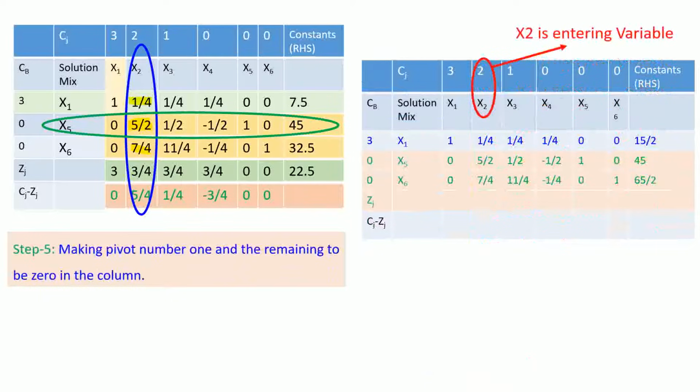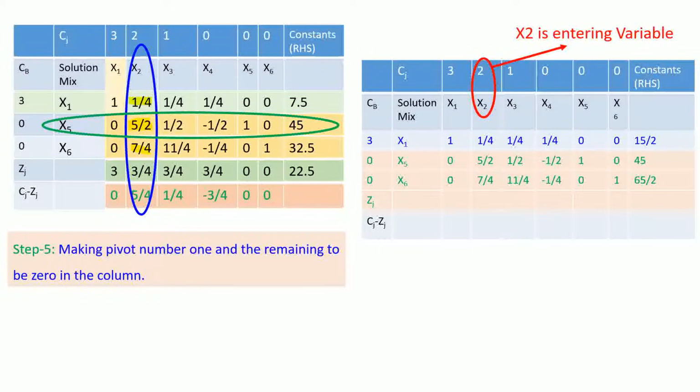So as you know, our entering variable here is x2, which is found in the pivot column. x2 is our pivot, our entering variable, and x5 is our leaving variable. The leaving variable is found in the pivot row and the entering variable is found in the pivot column.